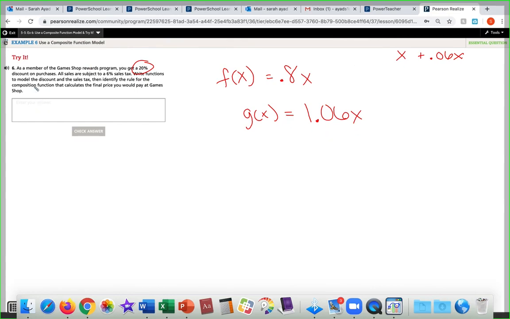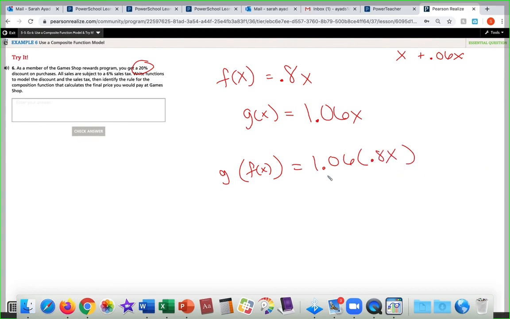So it says, identify the rule for the composition that calculates the final price you would pay at GameStop. Well, what's going to happen first? My discount or my sales tax? Of course, my discount. So f of x has to go on the inside because that's what happens first. g goes on the outside because after I find out the price of what I'm paying, I then add my sales tax. So I take g, which is on the outside, and instead of x, I'm plugging in f of x.